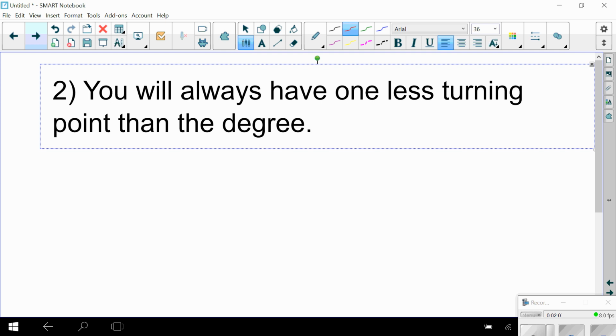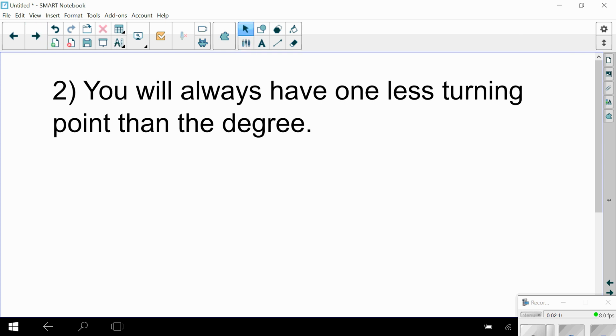The second thing that I hope you were able to figure out was that you will always have one less turning point than your degree. What do I mean by that? Let's look at a quadratic function.